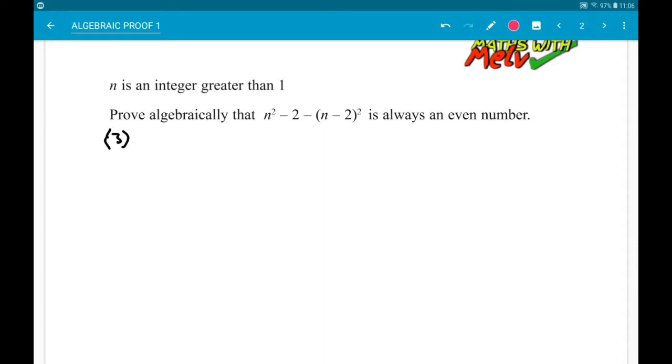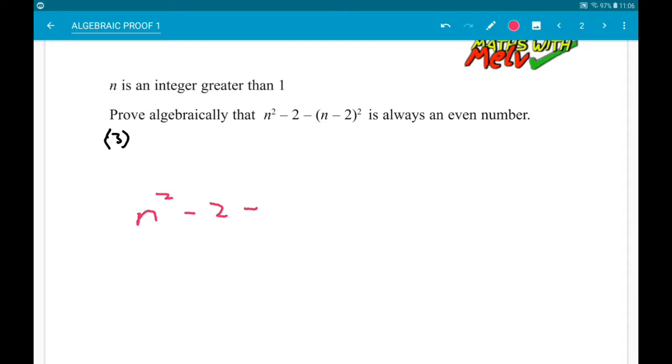Okay, so expanding brackets is very often the first step in proof questions, and it is here too. So we're going to want to expand (n minus 2) squared. So we have n squared minus 2 minus the expansion of (n minus 2) squared.